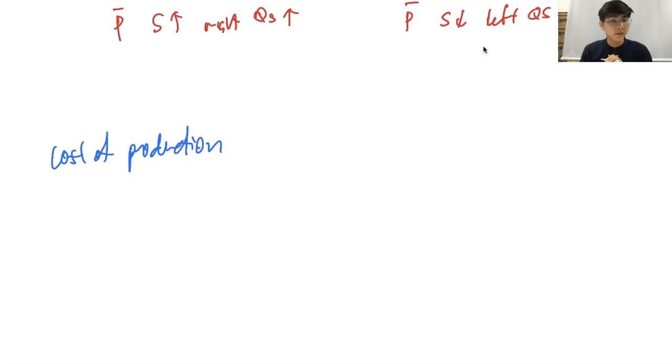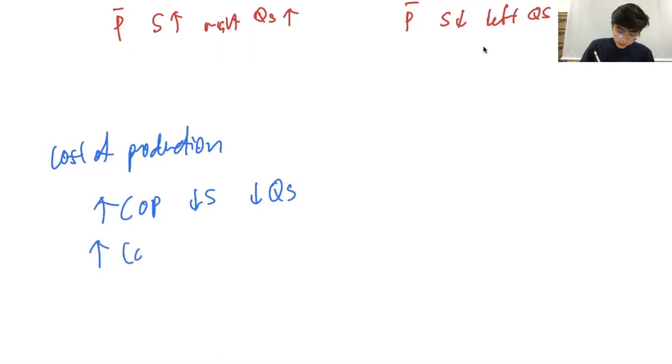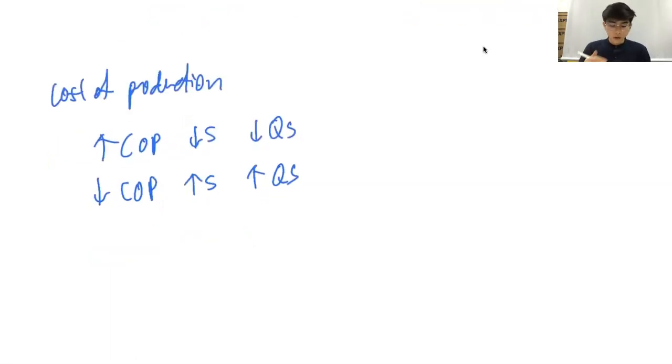Supply less, right? Because it becomes expensive. So when you have a higher cost of production, you will have lower supply and therefore lower quantity supplied. When you have a lower cost of production, you have higher supply and higher quantity supplied. Very simple.